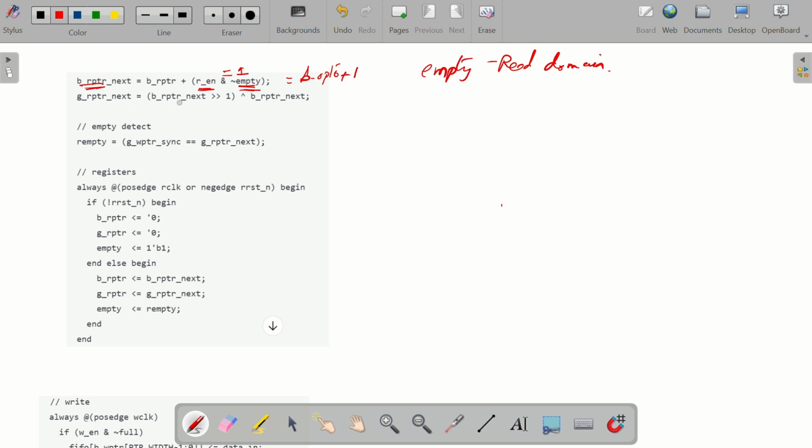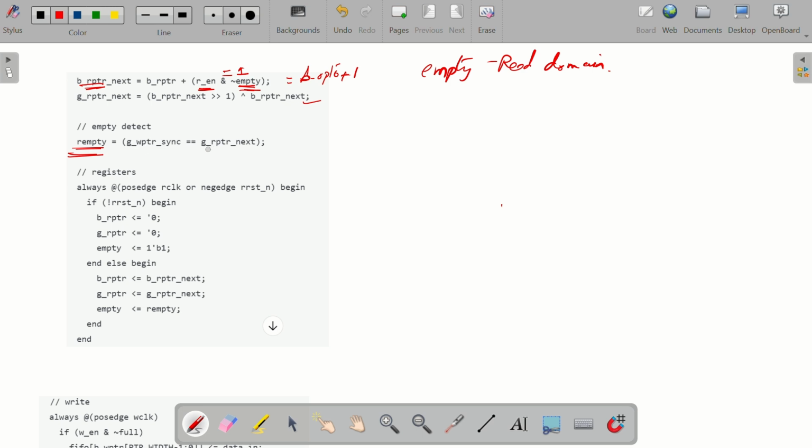Next, this conversion, we have seen how the conversion happens. You're converting your read pointer from binary to gray. That is, you right shift by 1 and then you XOR it with the current value. So this we have looked at using an example in the previous case. Now, we have seen that the full flag was determined using the write pointer handler in the write domain. In the read domain, we will determine the empty flag. So our empty is calculated.